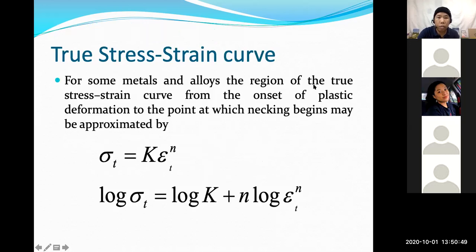For some metals and alloys, the region of the true stress strain curve from the onset of plastic deformation to the point at which necking begins may be approximated by this equation: true stress is equal to K times the true strain raised to N. Taking the log of both sides, using the properties of logarithmic functions, you get the log of the true stress equal to the log of K plus N times the log of the true strain.